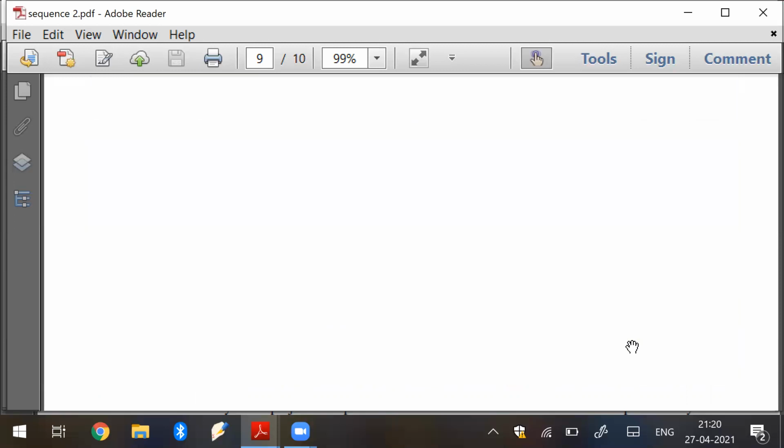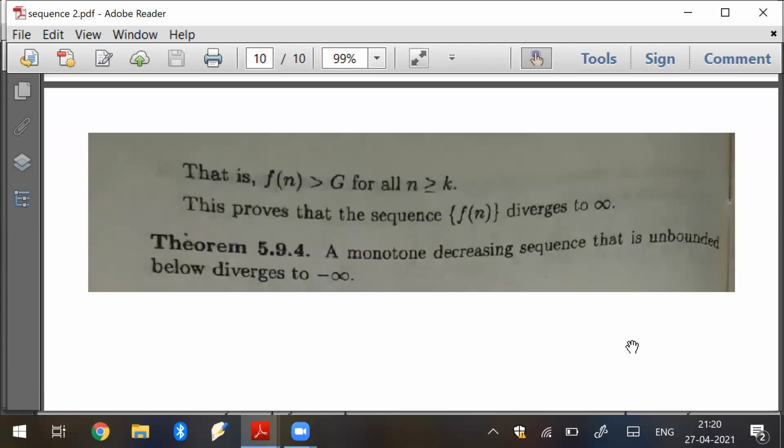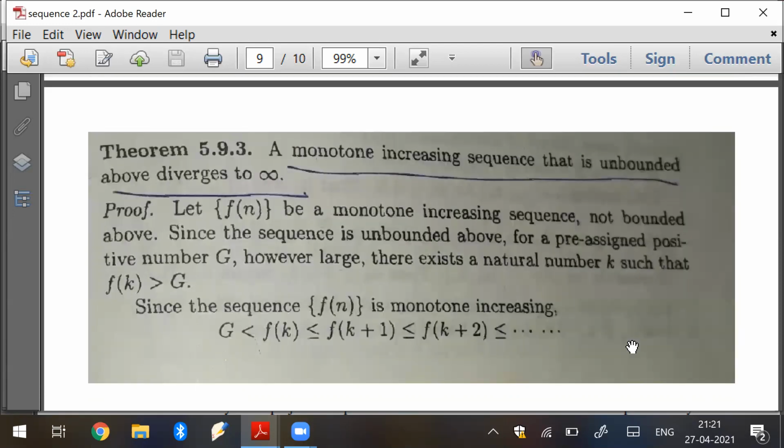Similarly, for the decreasing sequence, the same thing happens. There exists a positive number G, however large, such that you find a natural number k such that fk is less than minus G, because it is unbounded below.